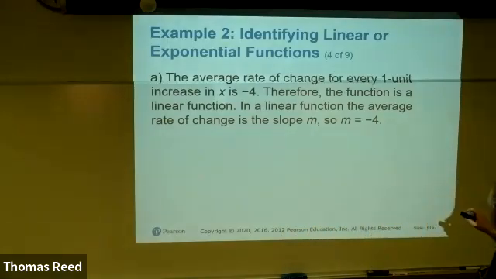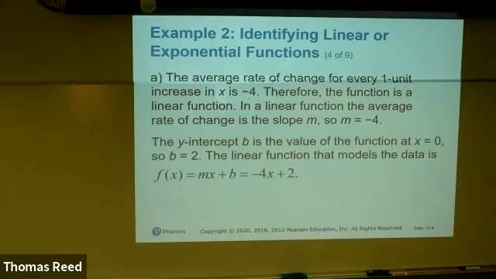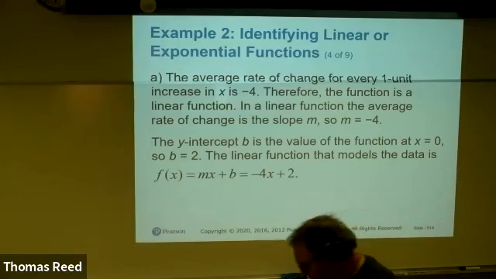And that's what they're talking about here. The slope is -4. The y-intercept is the value when x is 0, and that was 2. And so here we have the function -4x plus 2.